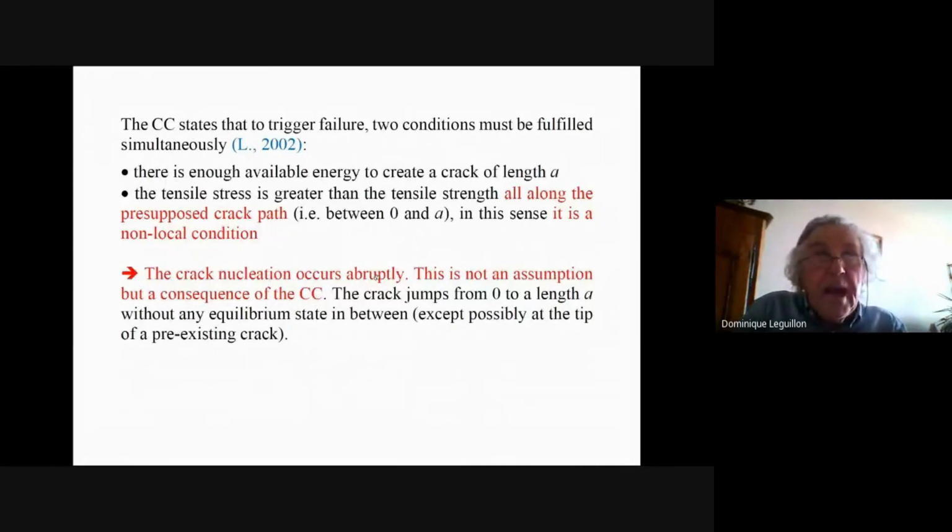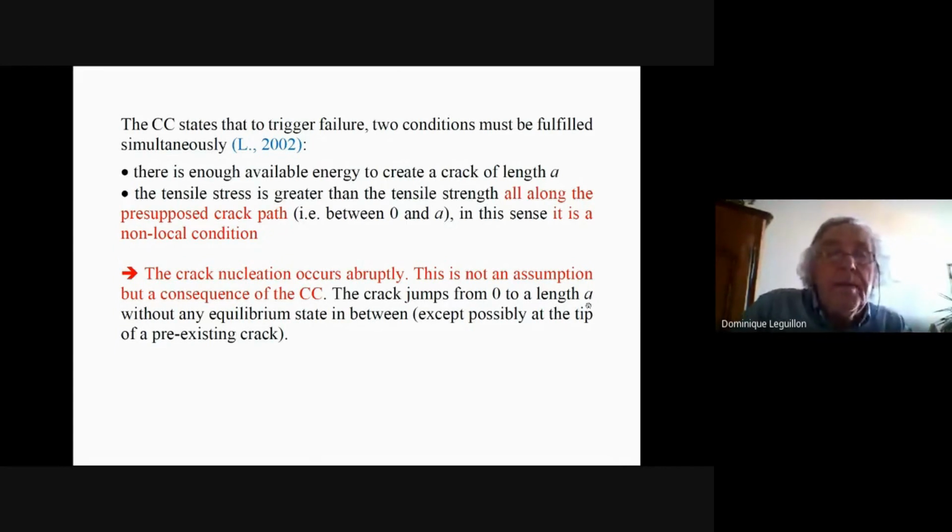As a consequence, this is not an assumption, the crack nucleation occurs abruptly. It means that at an open V-notch, it's slightly different from a crack tip, at an open V-notch the crack jumps. You know, it's almost impossible to control. Immediately you have a jump of the crack, okay? The crack jumps from zero, no crack, to a length A, which up to now is still an unknown of the problem.